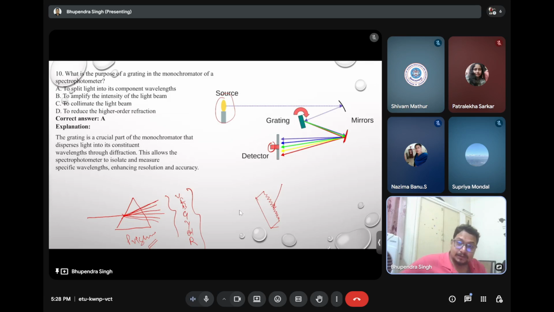During your data taking, it can select only whatever wavelength you provide, let's say a 1 or 2 nanometer wavelength, and it will scan at one point of time only.